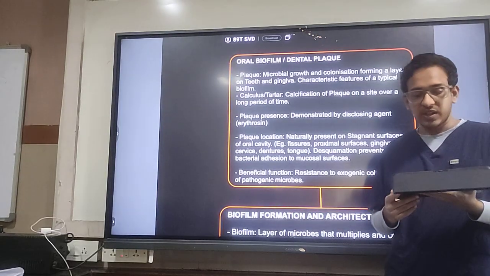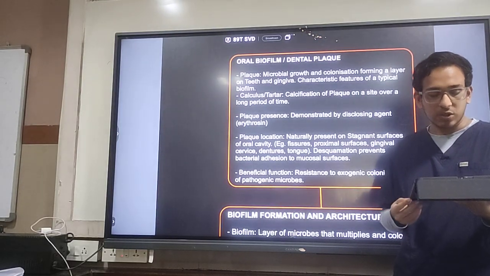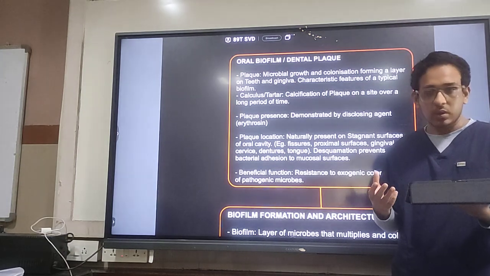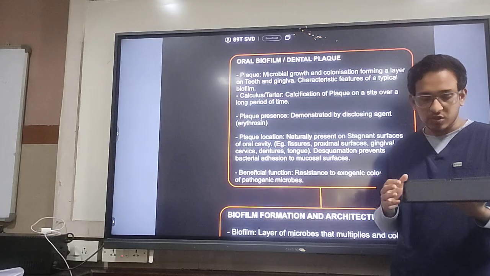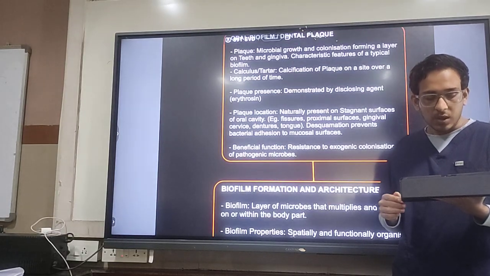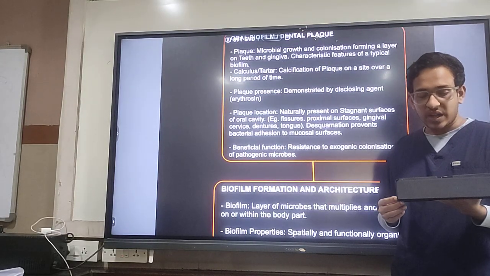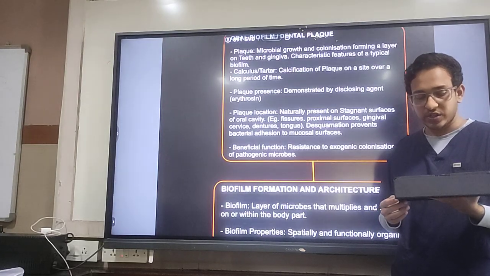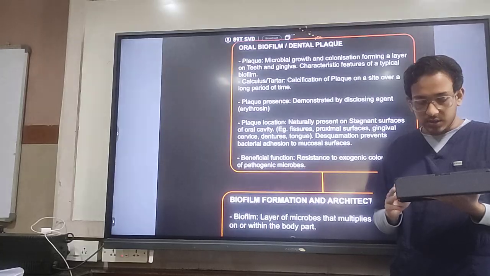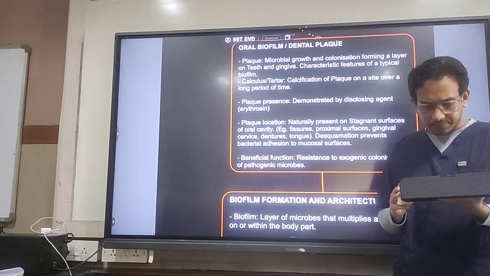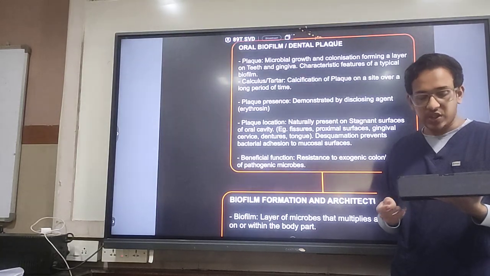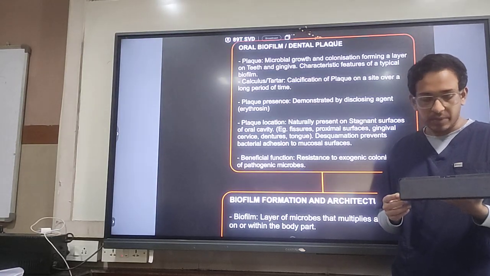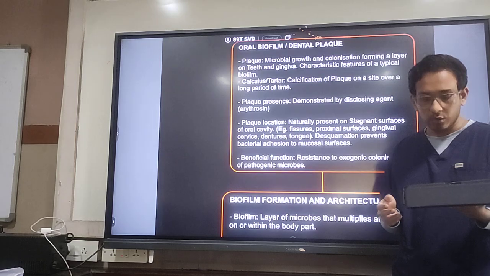Plaque presence is demonstrated by a disclosing agent, which indicates a color change in the presence of plaque. Then location: it is naturally present on stagnant surfaces of the oral cavity, for example fissures, proximal surfaces, gingival surface, denture, and tongue, and desquamation prevents bacterial adhesion on mucosal surfaces.